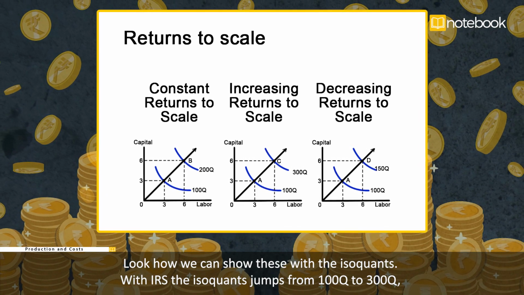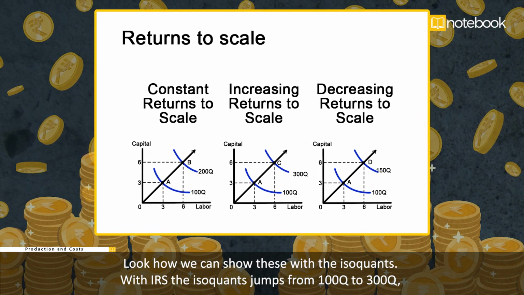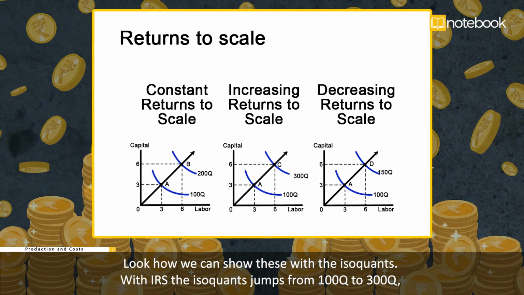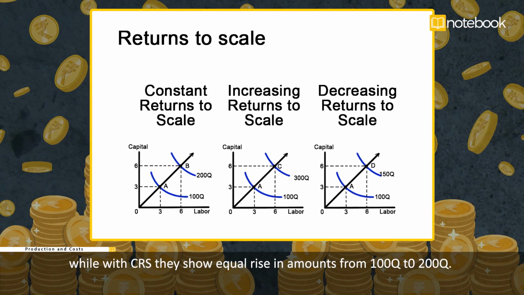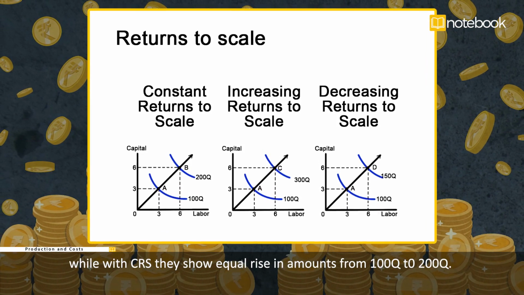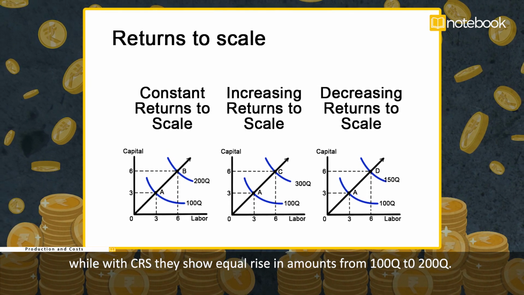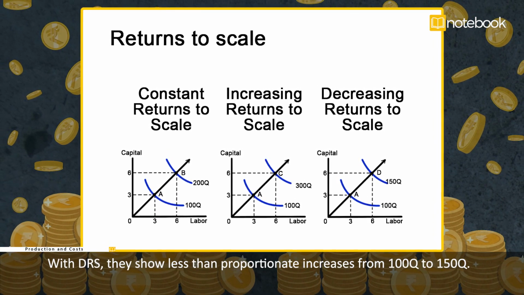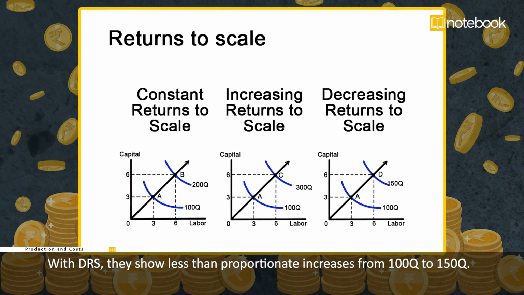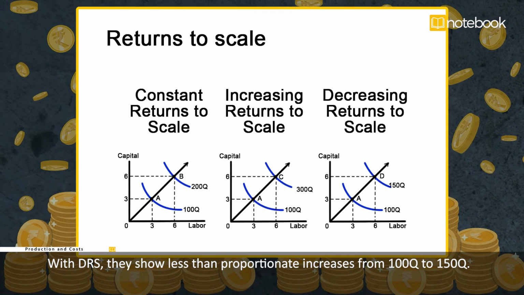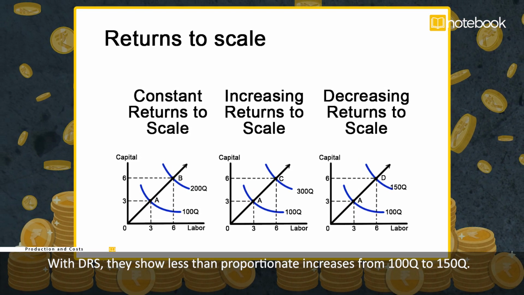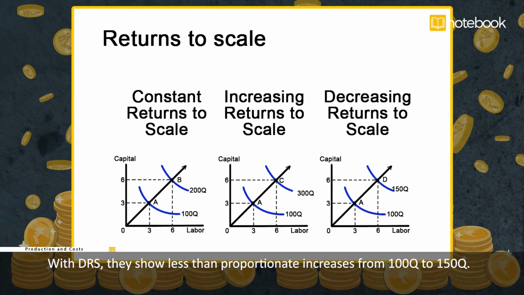With IRS, the isoquants jump from 100Q to 300Q, while with CRS, they show equal rise in amounts from 100Q to 200Q. With DRS, they show less than proportionate increases from 100Q to 150Q.